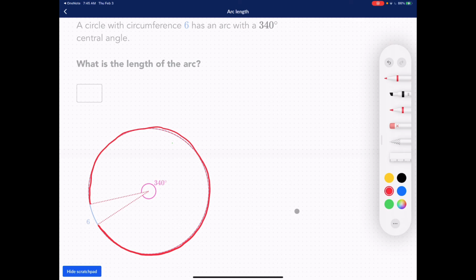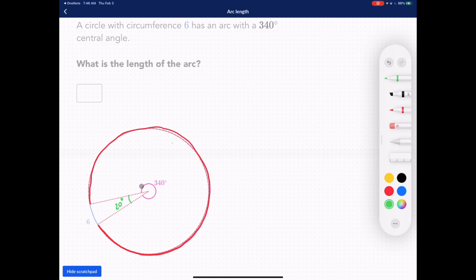So if this entire thing was 6 circumference, and we're given the 340 degrees, then what is this red length right here? So what I'm going to do is put 20 degrees here, because I know that 20 plus 340 is 360 degrees.